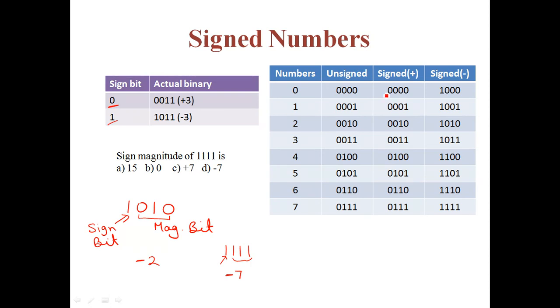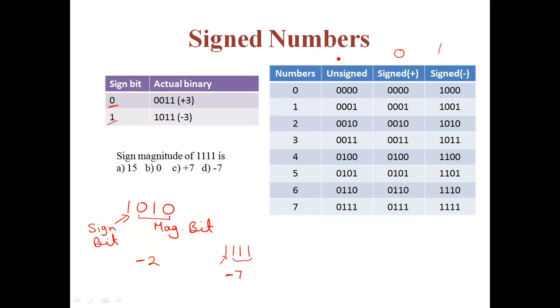As you can see in this table, we have unsigned numbers, signed positive numbers and signed negative numbers. 0 is represented by 0, 0, 0, 0 in unsigned. In signed, 0, 0, 0, 0. And in negative sign, 1, 0, 0, 0, because for a negative number the sign bit will be 1 and for positive the sign bit will be 0.